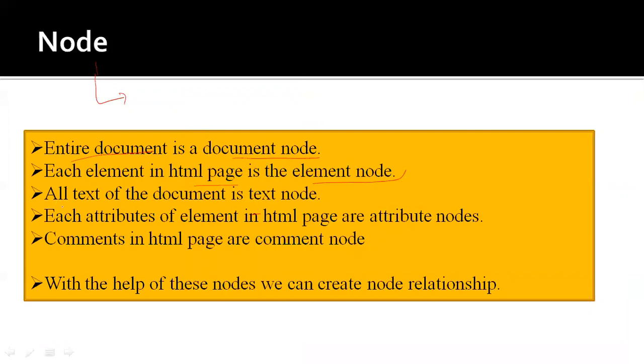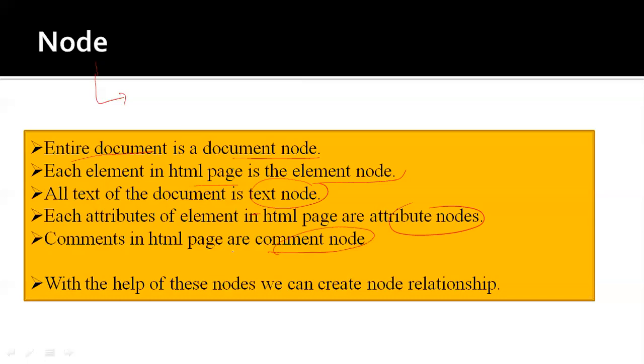Then each of the texts written inside the HTML document is called a text node, and each attribute of an element in the HTML page is called an attribute node. Similarly, if we are writing comments, then comments can be treated as a comment node.